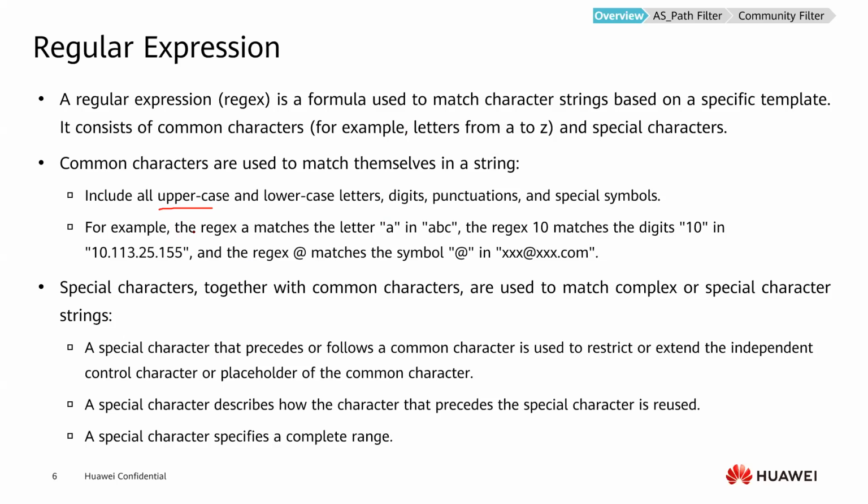For example, the letter A can match the A in ABC, the regex 10 can match the digits 10 in this IP address, and you can also match this symbol @ in this string. You can also use some special characters to match a specific route or a specific string.